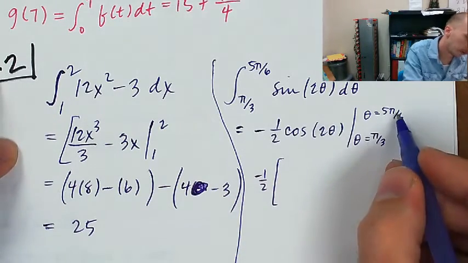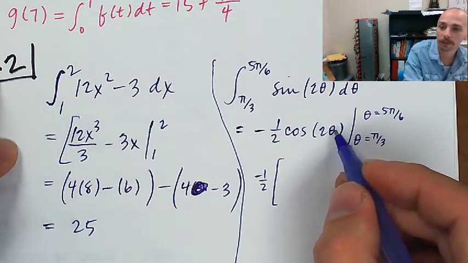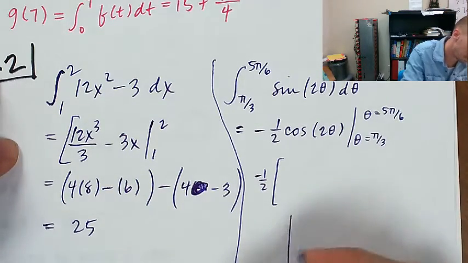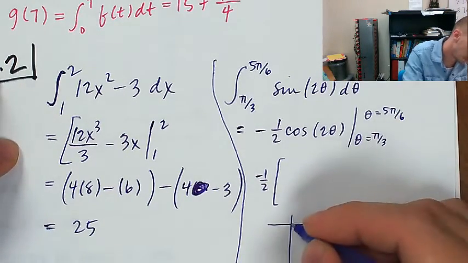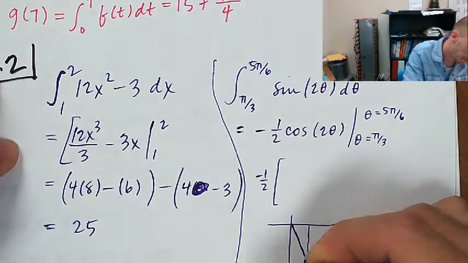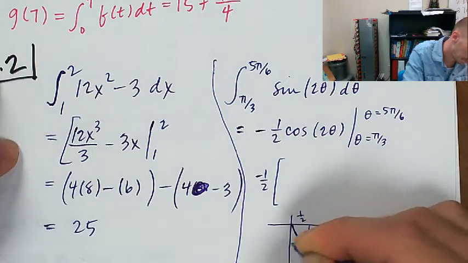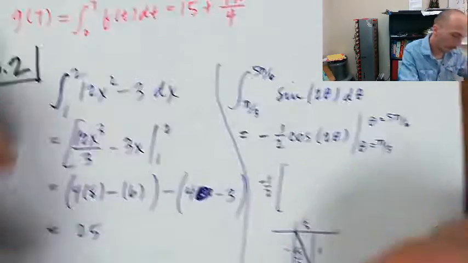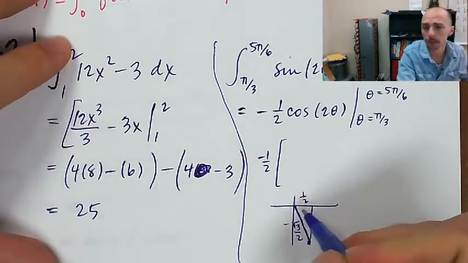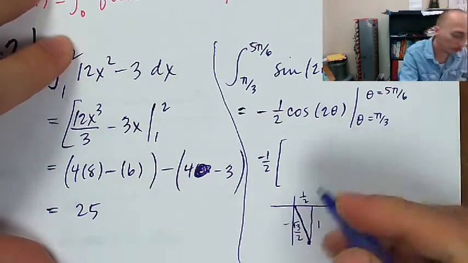Times the cosine of 2 times 5 pi over 6, which is 5 pi over 3. Cosine of 5 pi over 3, you may have forgotten about 5 pi over 3, but that's going to be this one all the way down here. Cosine is adjacent over hypotenuse, so that's going to be 1/2.